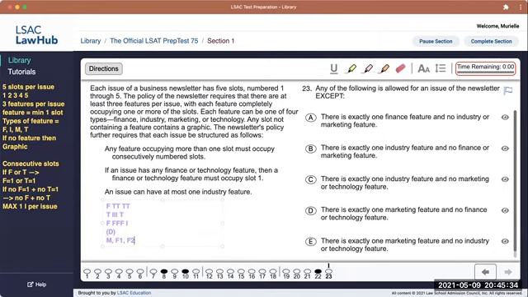Okay, so hopefully that clears up the issue with question 23 and shows why D is not allowed. It's that thing of exactly one marketing feature and then a maximum of one industry feature for that one. Okay, great.